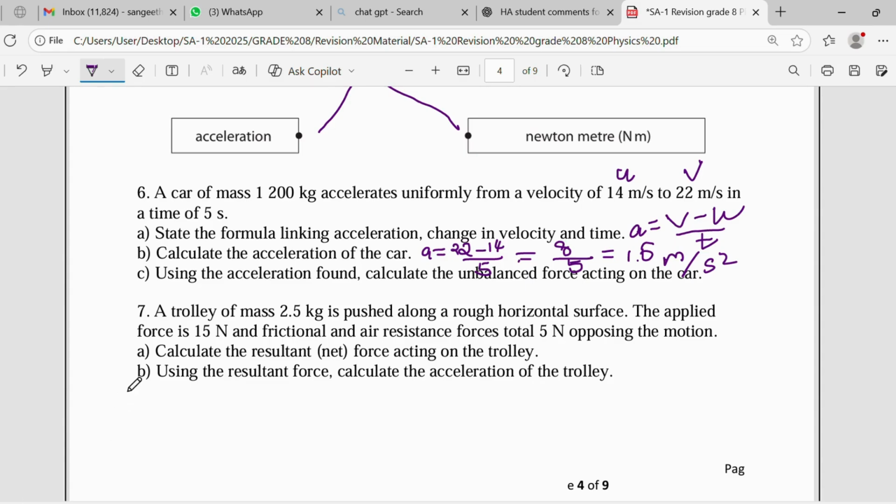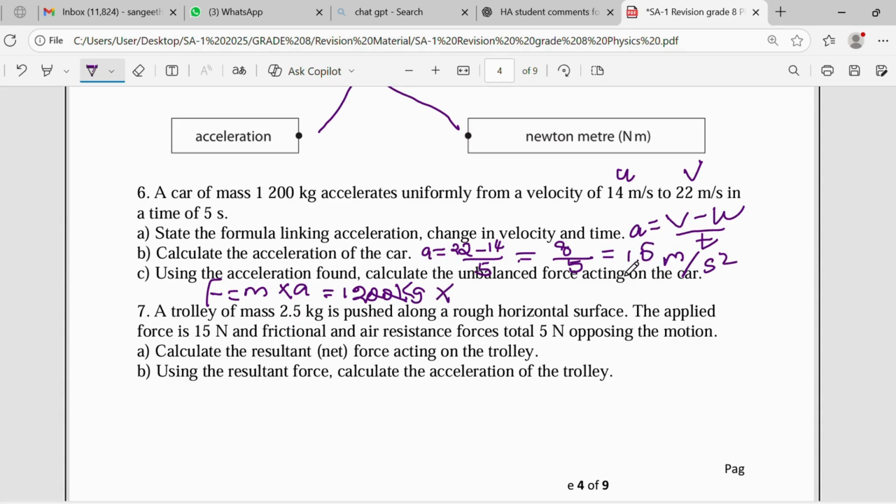Now, last question: using the acceleration found, calculate the unbalanced force acting on the car. You know the formula is F equal to mass times the acceleration. The mass is given as 1200 kg times the acceleration.